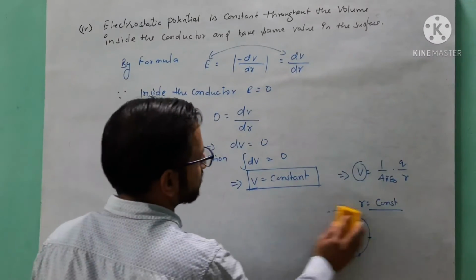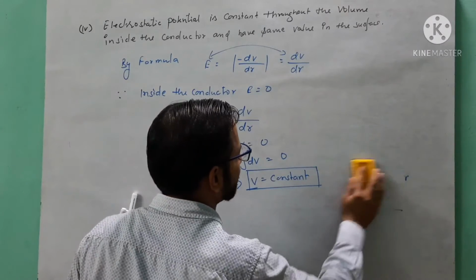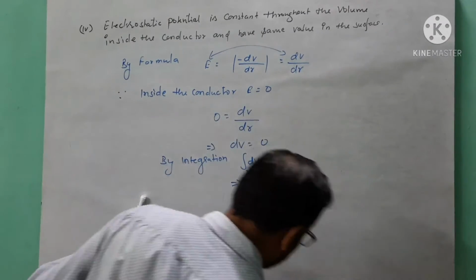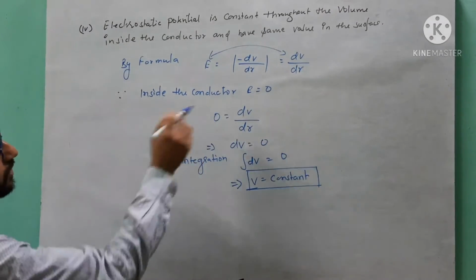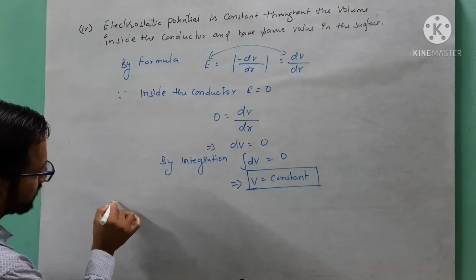Got it? So we can say the electrostatic potential is constant and the same for all points on the surface.